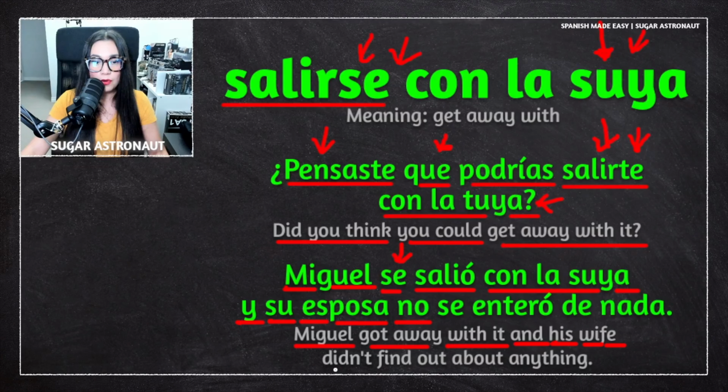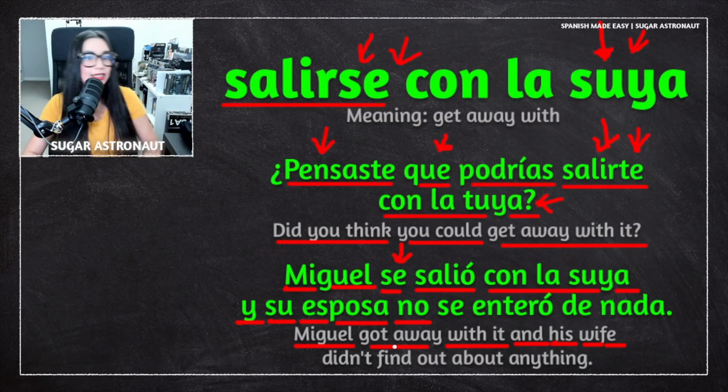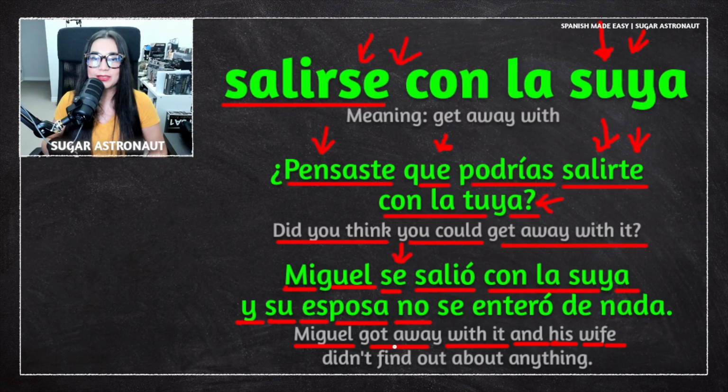No has a lot of meanings. No can mean no. It can also mean will not or did not. So in this situation, this means didn't. No se, another reflexive pronoun. Enteró.